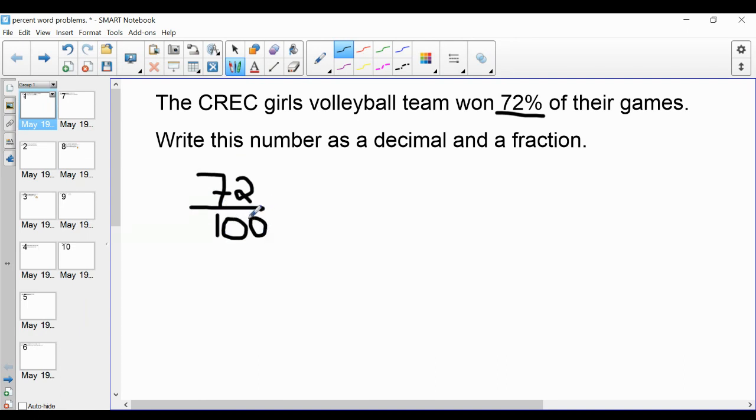And if you'd like to simplify that, you can. You do not have to. And then as a decimal, we look at our denominator and we say it would be 72 hundredths. There is an option for you to put both a fraction and a decimal online.